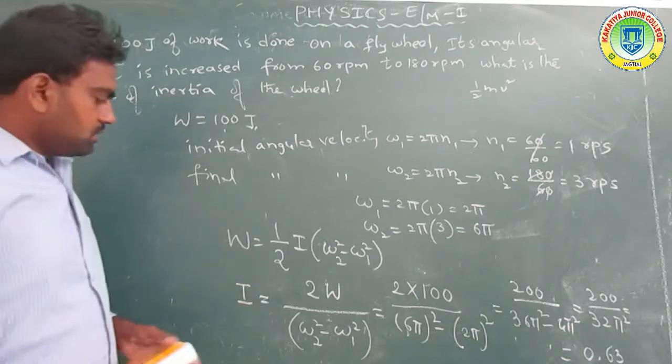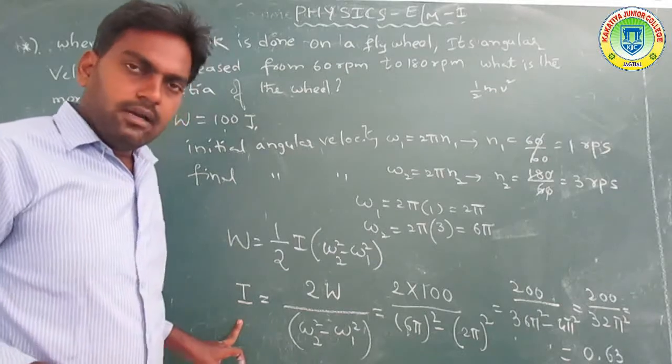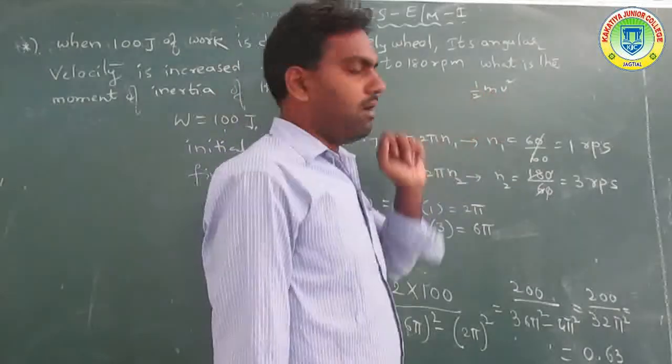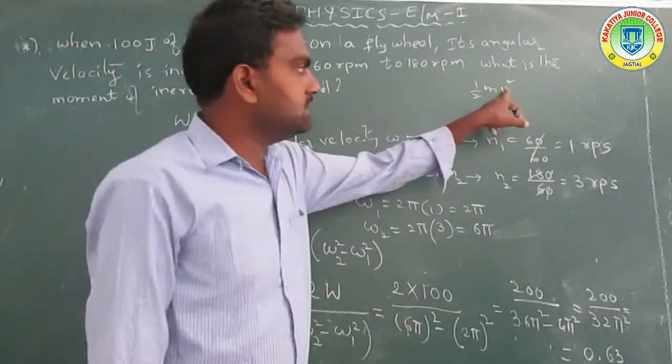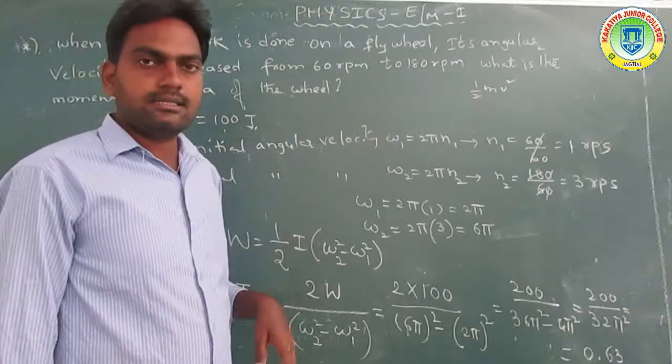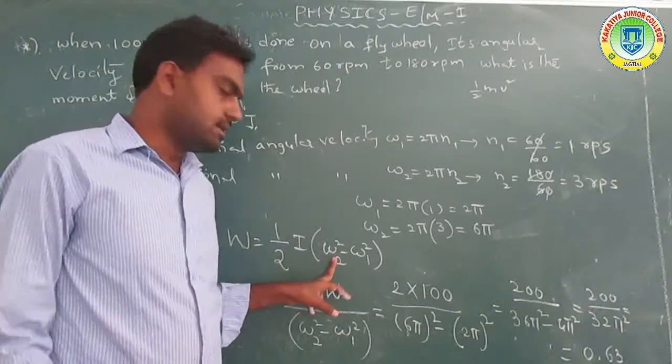Now we find the moment of inertia. The rotational quantity is the moment of inertia I. In translation we take mass and translation velocity v; in rotation we take moment of inertia and angular velocity omega.